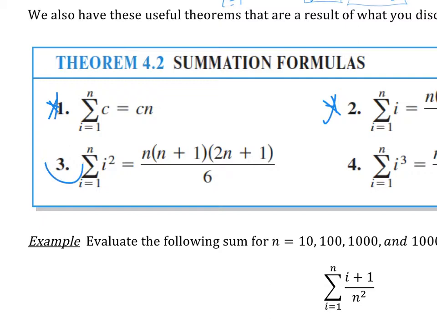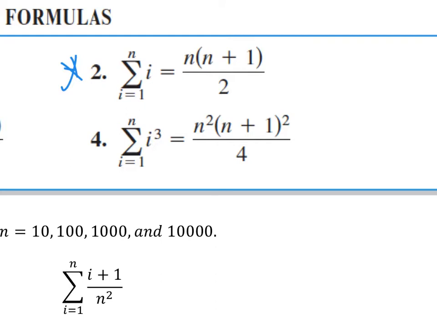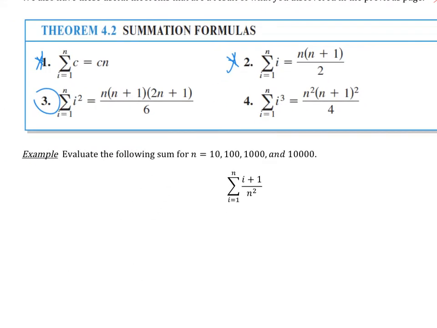This one is useful. Even though it's a little more complicated, if you're adding squares, you get n times n plus 1 times 2n plus 1 over 6. We'll work with that one. This one, we're not going to use a lot, so don't worry about memorizing it. But we can look it up, and formulas exist. So if you have i cubed, you can write it like that. So one quick example, and we'll wrap this up.